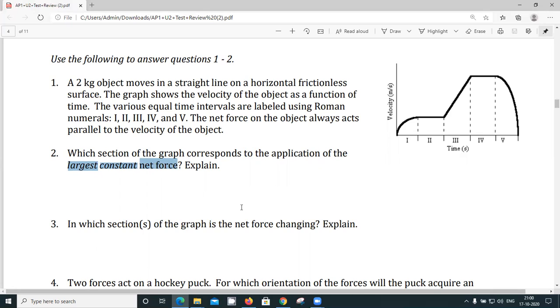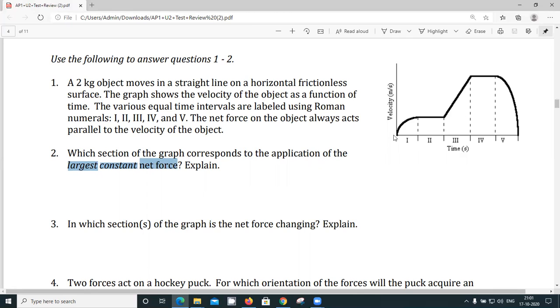F net equals m times a, and we have acceleration from the graph as the slope. So the slope is acceleration, and if you multiply acceleration by mass, we get the force.